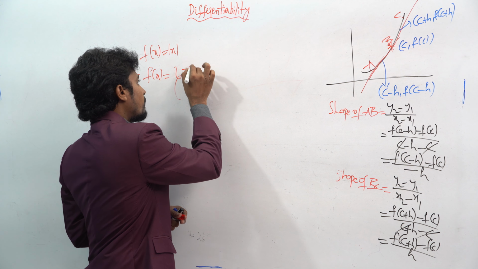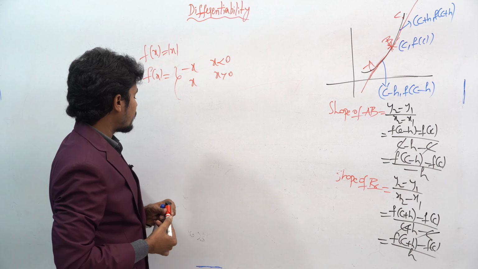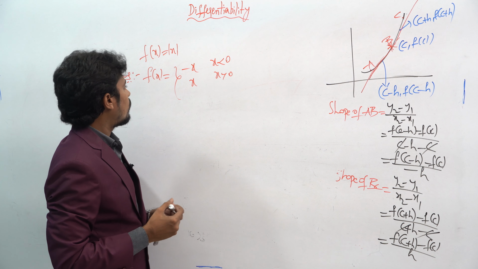That will be minus x for x less than 0 and plus x for x greater than 0. Now we have to apply differentiability to this. So first, what will you get?